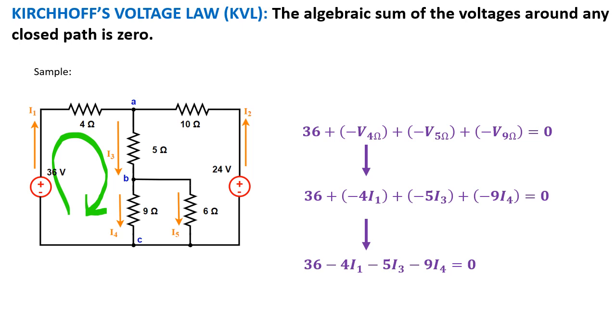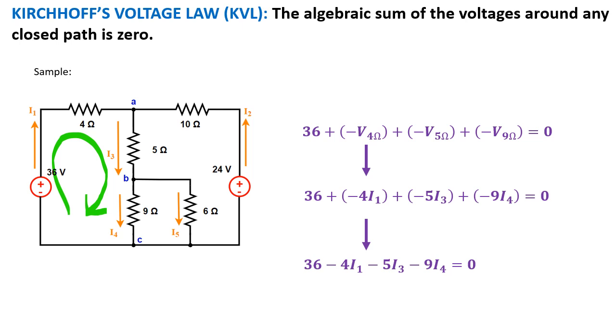Voltage drop across a resistor is the product of the resistance and the current. That is why in the next part of the equation, we substituted 4I1, the product of the resistance and the assumed current magnitude I1. That goes the same for your 5 ohm resistor and your 9 ohm resistor.